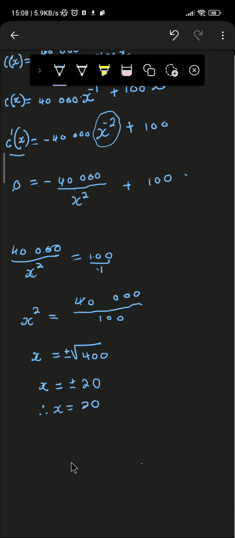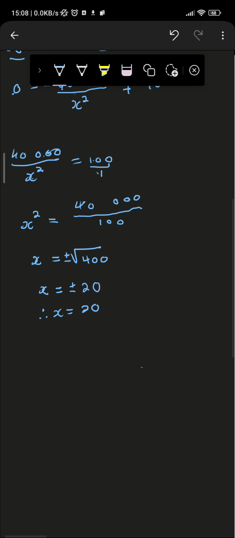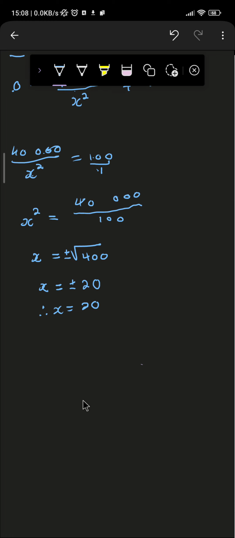Right. So now we use a second derivative to test if our answer is a minimum. We use a second derivative to prove that our answer is a minimum. So it's going to be C, the second derivative in terms of x.